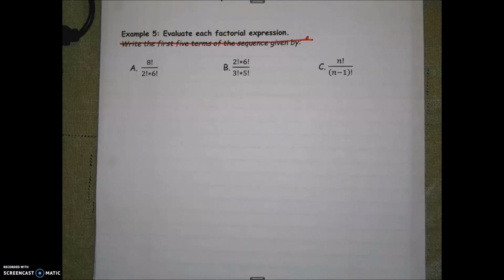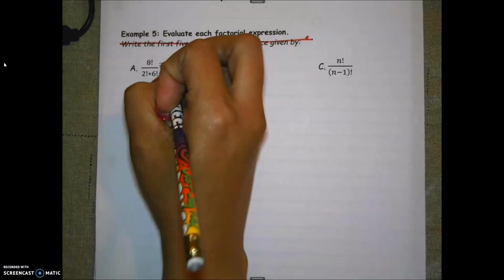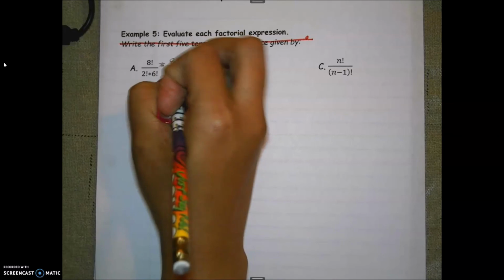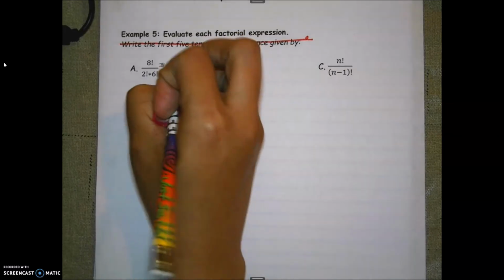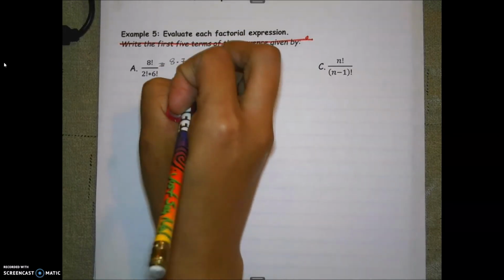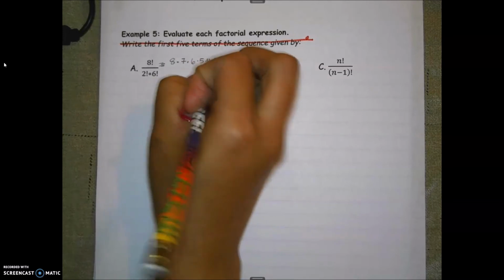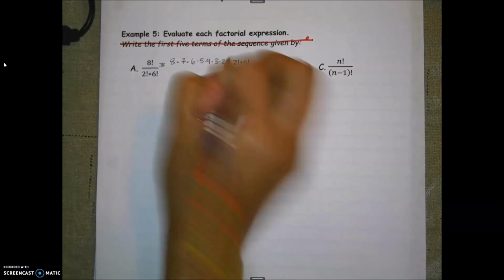All right, so now the definition of factorials once again is you are multiplying whole numbers starting with the number that's given all the way down to 1. So for example, 8 factorial is 8 times 7 times 6 times 5 times 4 times 3 times 2 times 1.